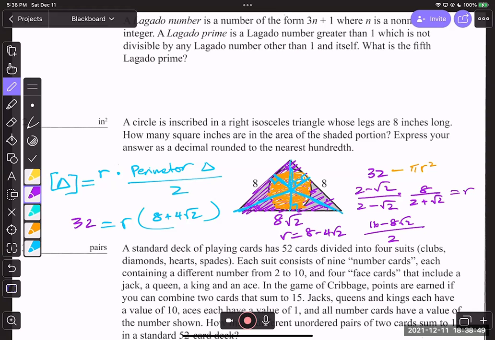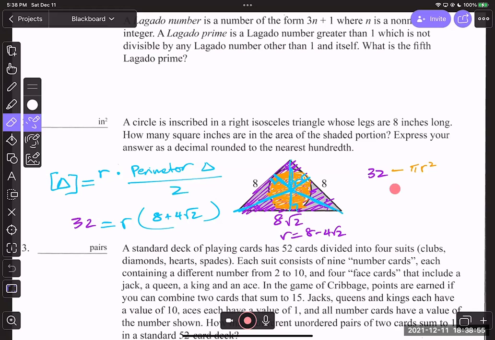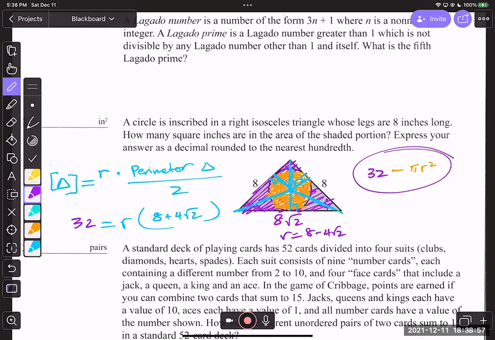So if your radius is 8 minus 4 root 2, then now all we have to do is plug it back into this equation up here. 8 minus 4 root 2 squared is equal to 64 plus 32 minus 64 root 2.